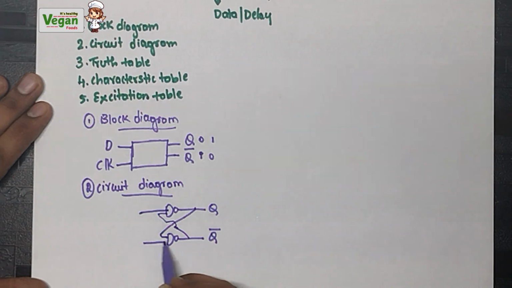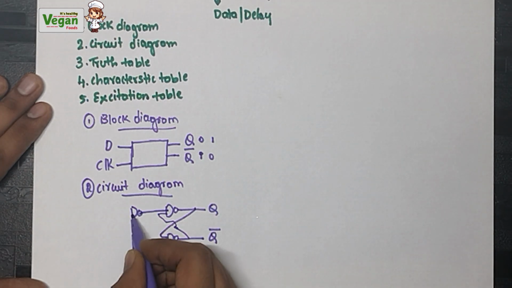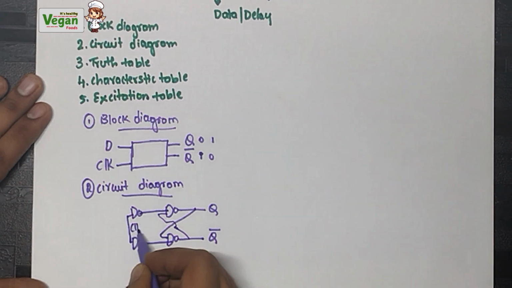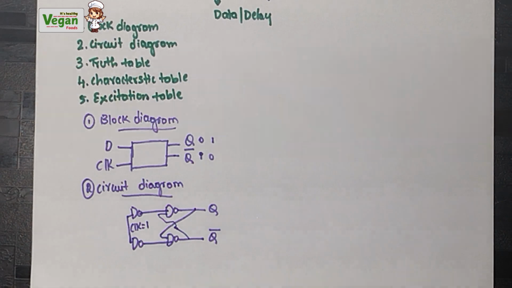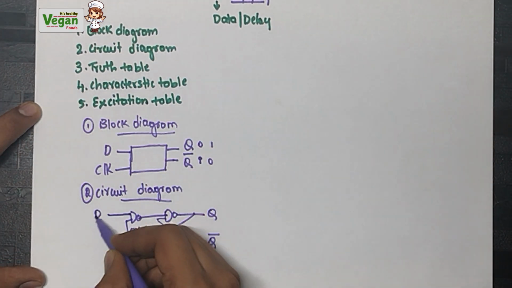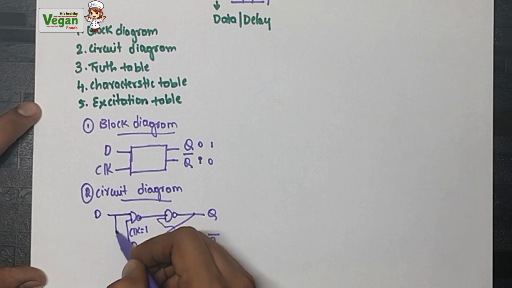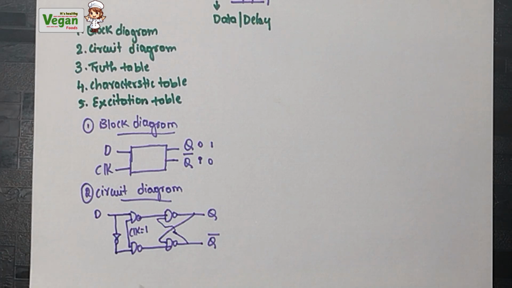Now we need the flip-flop, so we will add another pair of NAND gates. I already said clock is the common input in all flip-flops and its value will be constant, that is 1. Every time the clock value will be equal to 1. Another input is D. In a D flip-flop, if one input is D, the other will be the complement of D, so a NOT gate will be added.